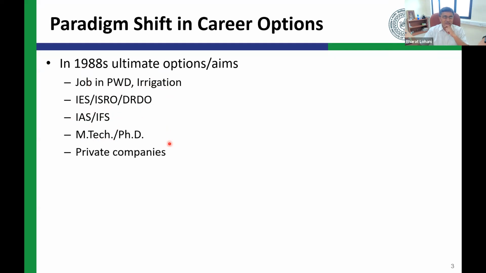Instead of going to any of these, I chose MTech and then PhD. And private companies were at the bottom. And at that time, nobody was talking of startups actually.